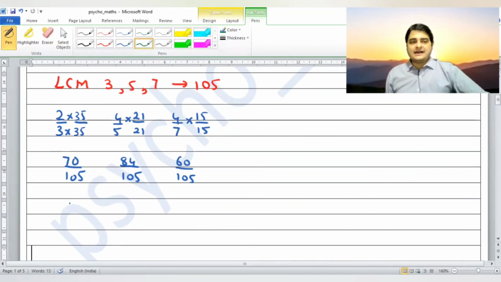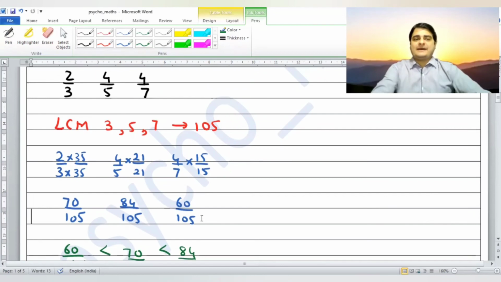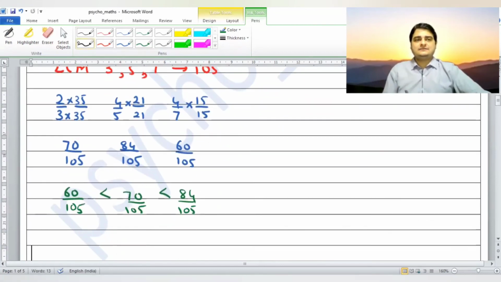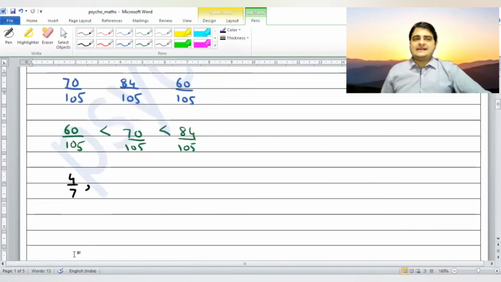And now you can arrange: 60 is less than 70, it is less than 84. So check the third fraction: 4 by 7 is the smallest. 70 by 105 comes from the first, so 2 by 3 is the middle one.